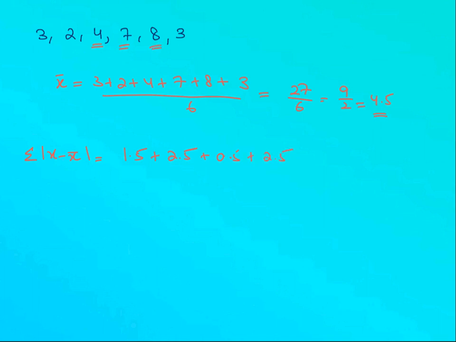With 8 minus 4.5 is 3.5. 3 minus 4.5 is minus 1.5, but with the mod it becomes 1.5. Now this upon n, which is 6, this is the answer to the question, which is mean absolute deviation of this set. Now just simplify this fraction, that should be the final answer.